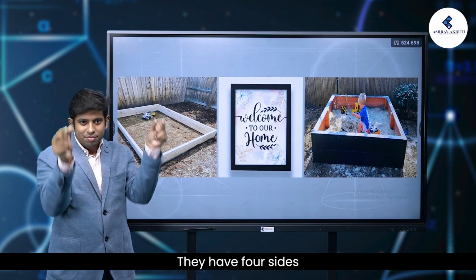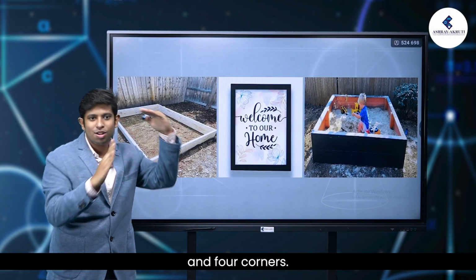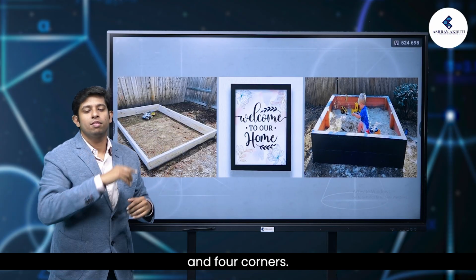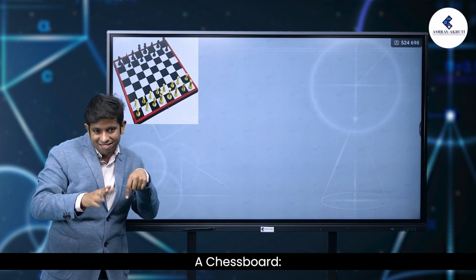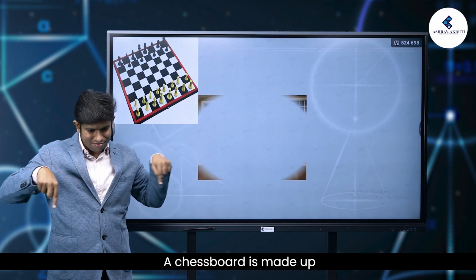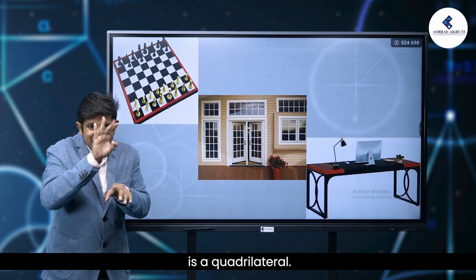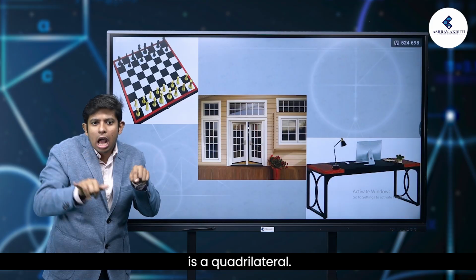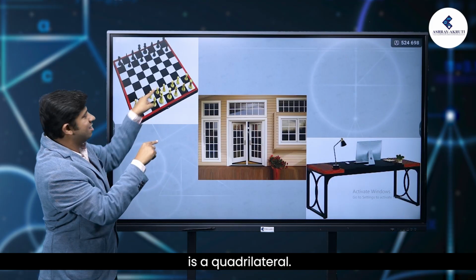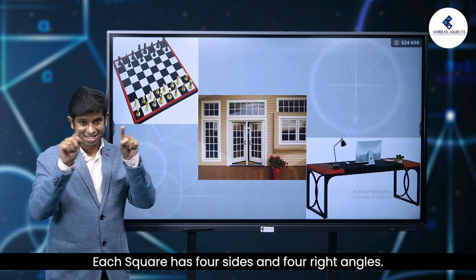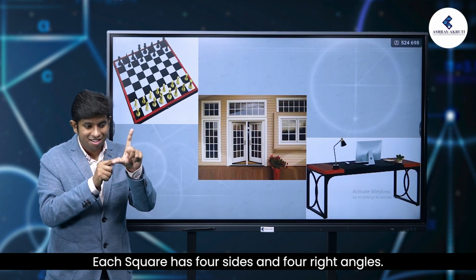They have 4 sides and 4 corners. A chessboard. A chessboard is made up of a grid of squares, and each square is a quadrilateral. Each square has 4 sides and 4 right angles.